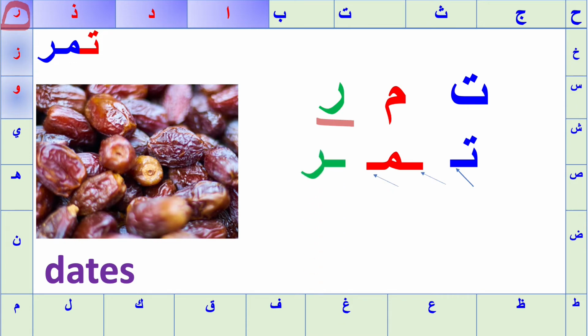Finally, the ra can only connect to the right hand side, and that's how it is extended in here so that it can connect with the preceding sound al-mim. There is an extension in here. So when they connect, ta is joining m and joining ra, and we get tamr, where the ta is initial.